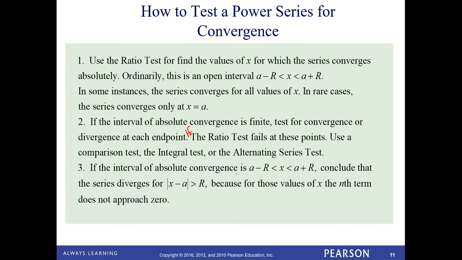If the interval of absolute convergence is this, conclude that the series diverges for the absolute value, because for those values of x, the nth term does not approach 0. Don't worry too much. Get this down in some form so that we can use it as we move through these tests.